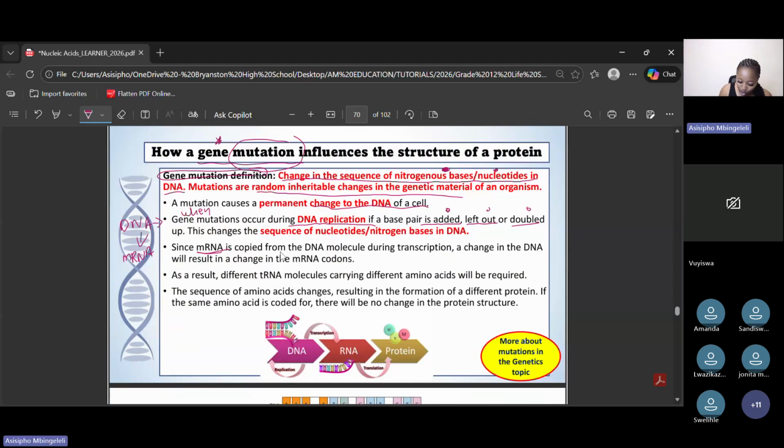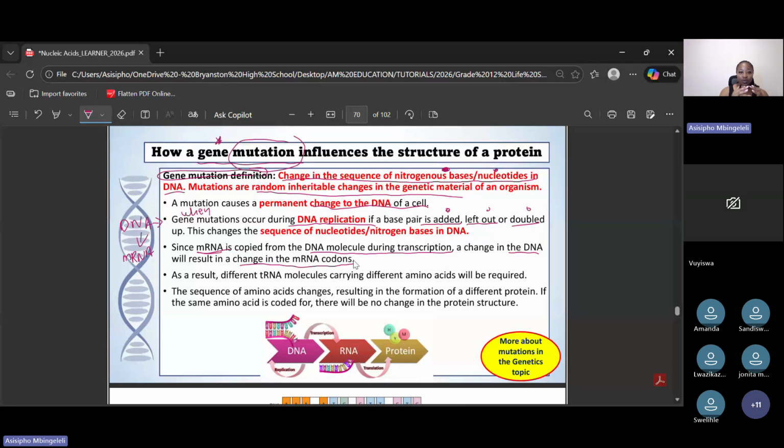Since messenger RNA is copied from the DNA molecule during transcription, a change in the DNA will result in a change in the messenger RNA. So a change in the DNA molecule will obviously result in a change in the messenger RNA.